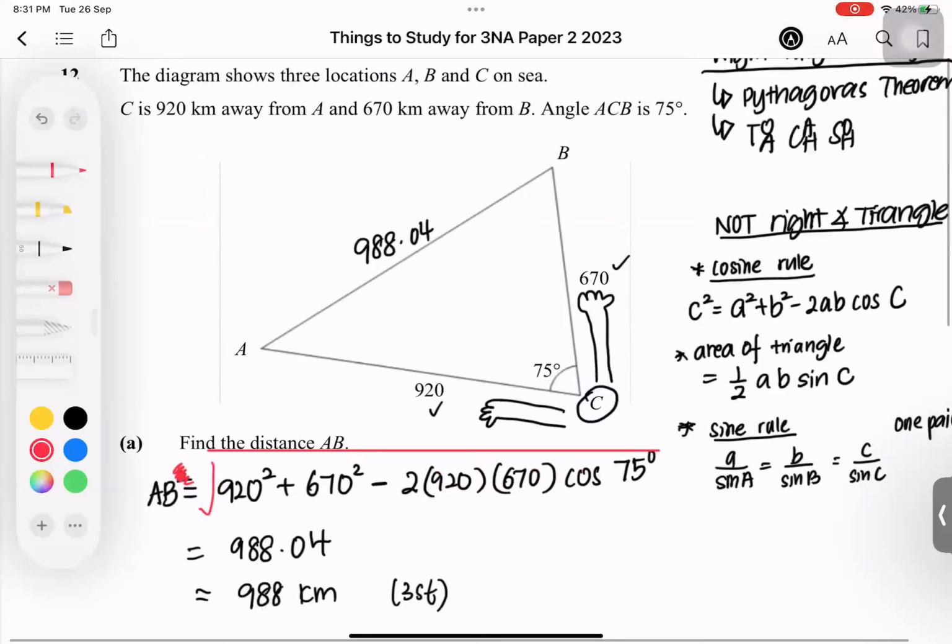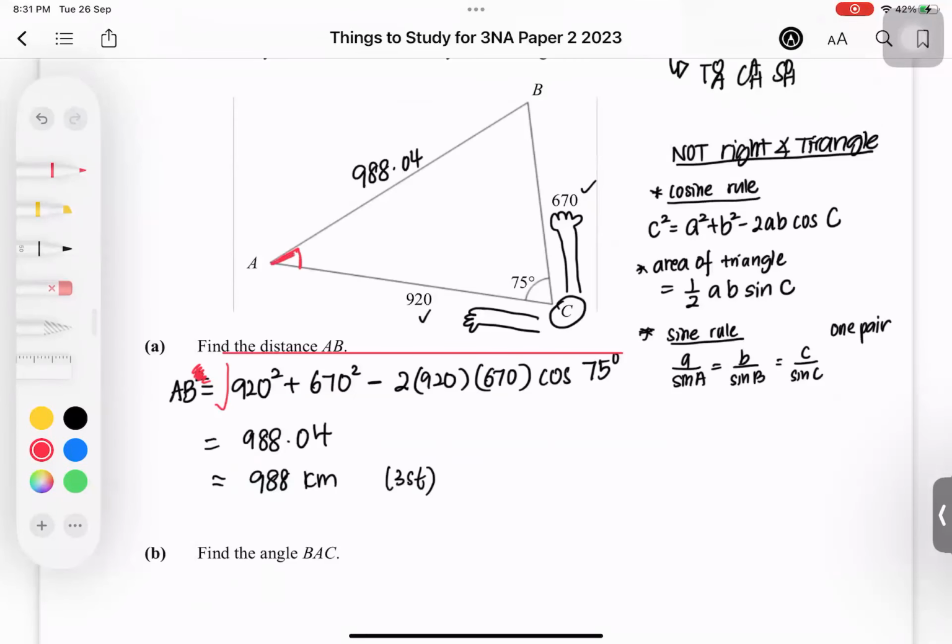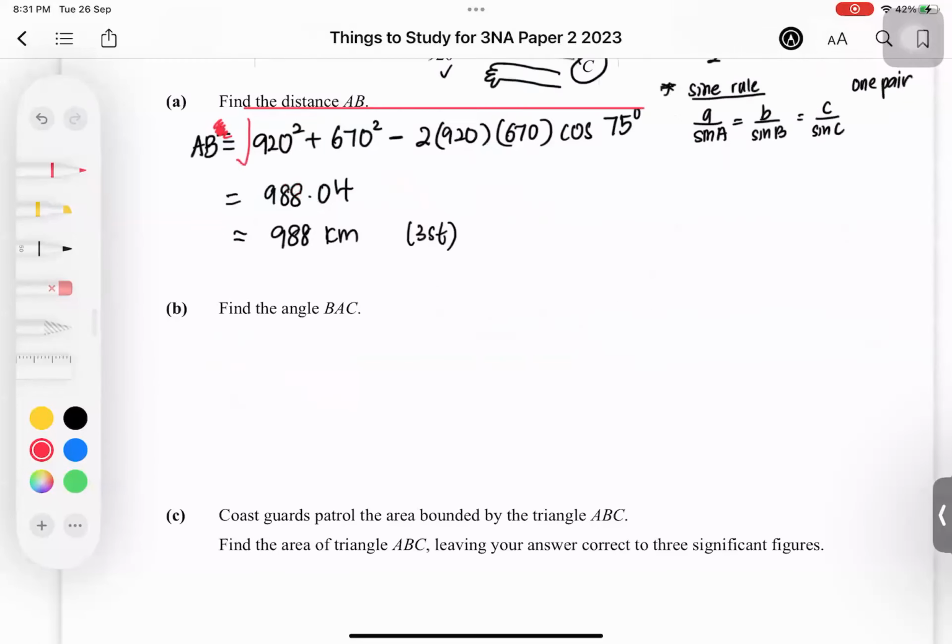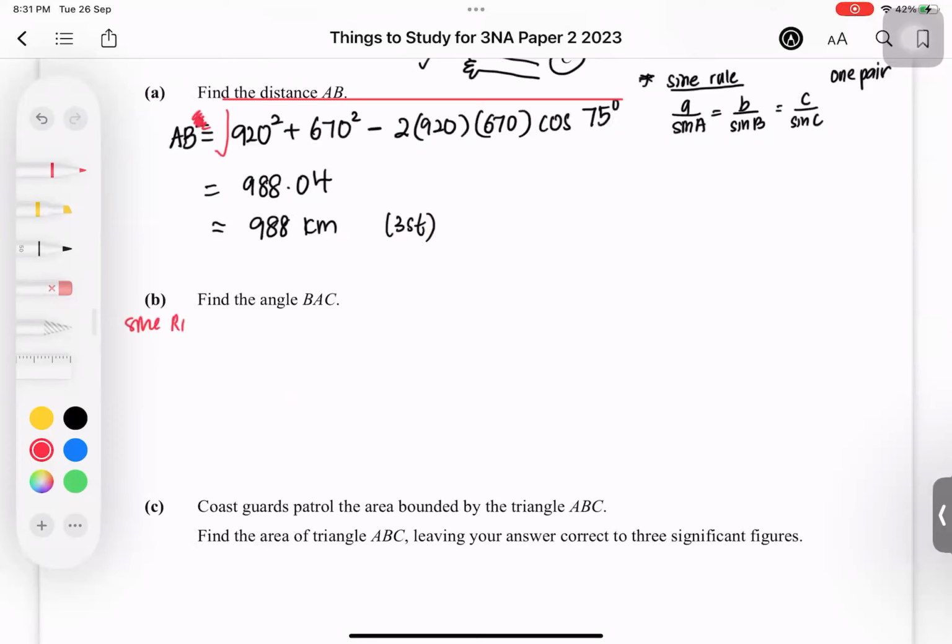Okay, how to find angle BAC? I'll match this with the side opposite to it. So I have 670, and this one is sine of angle BAC. I find another matching pair that has a length and the angle opposite to it: 988.04 over sine 75. For the sine rule, I put the one that I need to find on top.